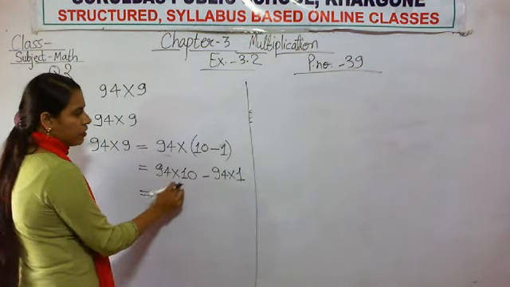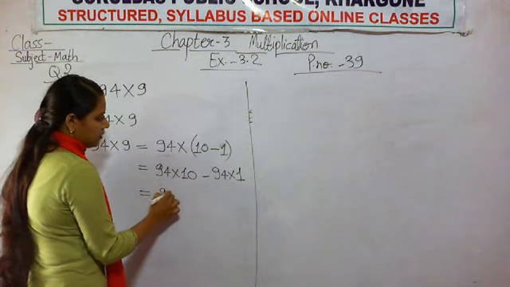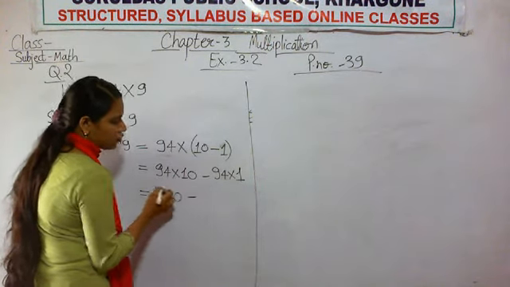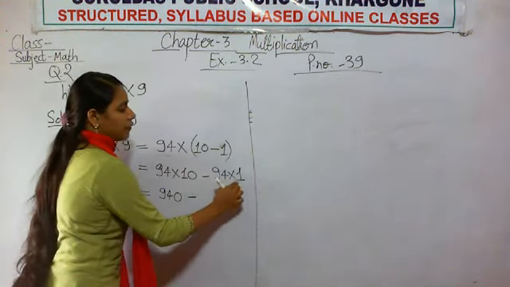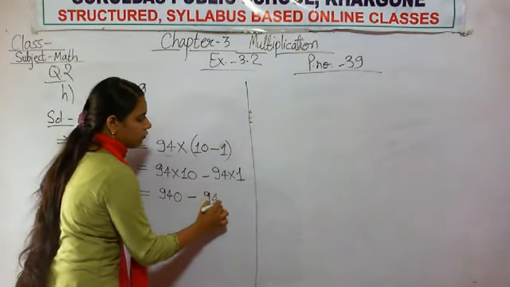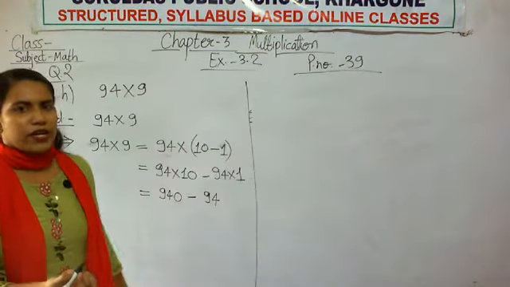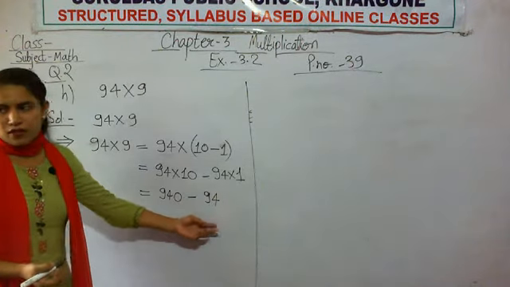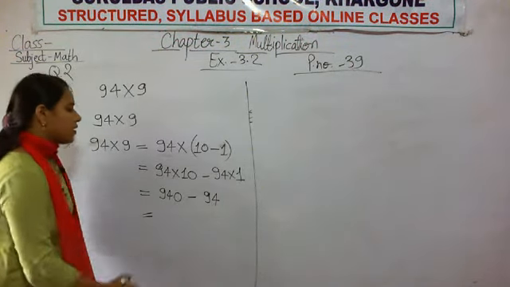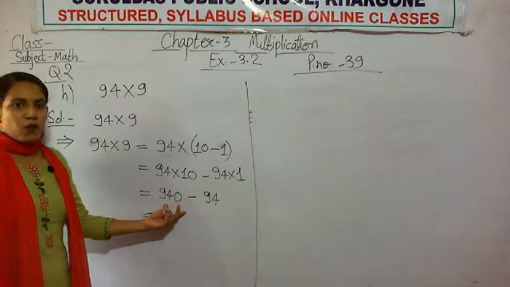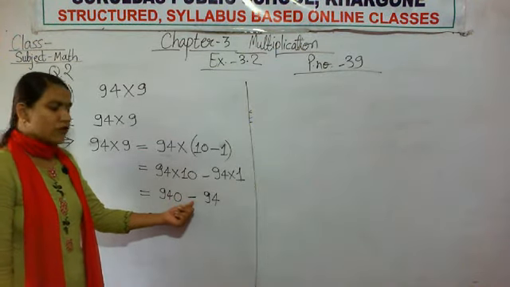Okay, multiply both the numbers. 94 into 10 is 940, minus sign, so I am putting a minus sign over here. 94 multiplied by 1 is 94, since any number multiplied by 1 gives the same number. Now in this step you have to perform subtraction.